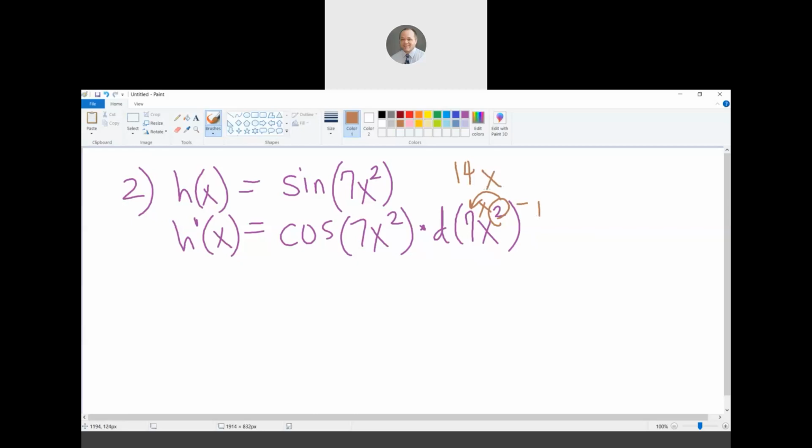So that gives us just plain x. So our final first derivative, when we move the 14x to the front, is 14x cosine of 7x squared.